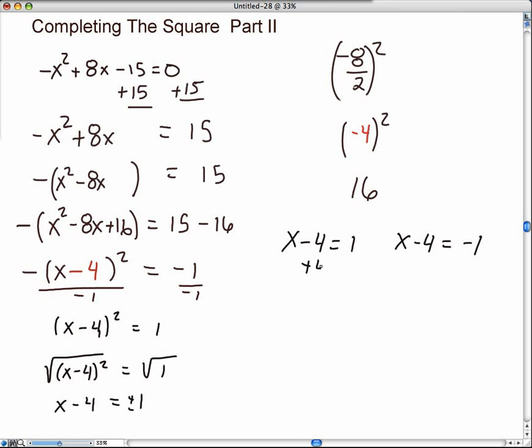So I'm going to solve for x. I'm going to add 4 on both sides. x equals 5. x equals 3. And there we are. We get two answers. So in this case, the a was a negative number, and we had to factor it out.